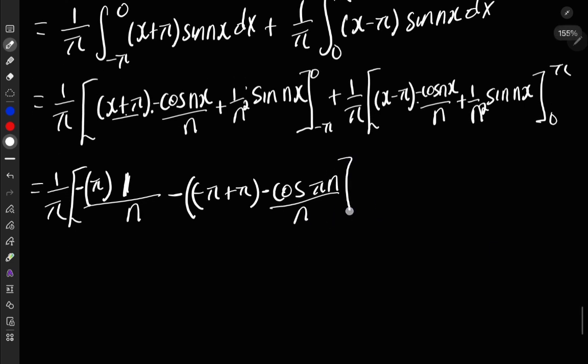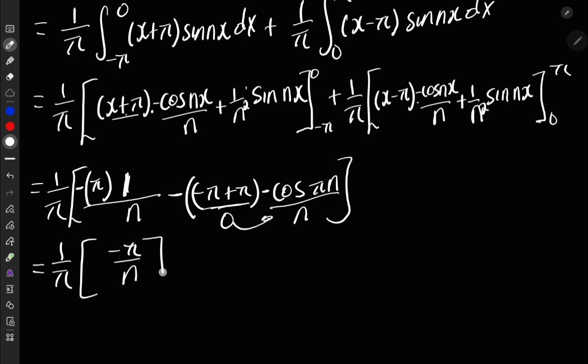And for the first part, when you solve it, 1 over pi into, it's just going to be negative pi over n, and this one is going to be 0, so it will make everything 0 when it multiplies there. So plus 1 over pi for this second part.